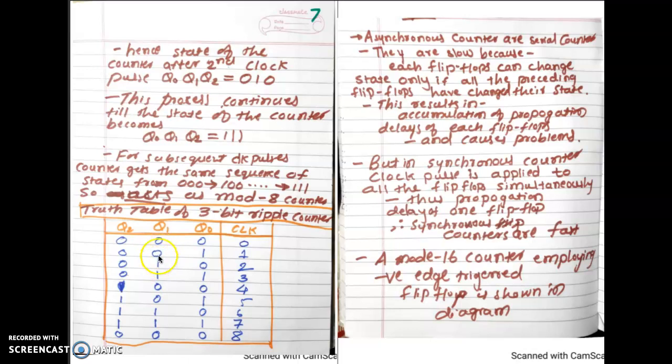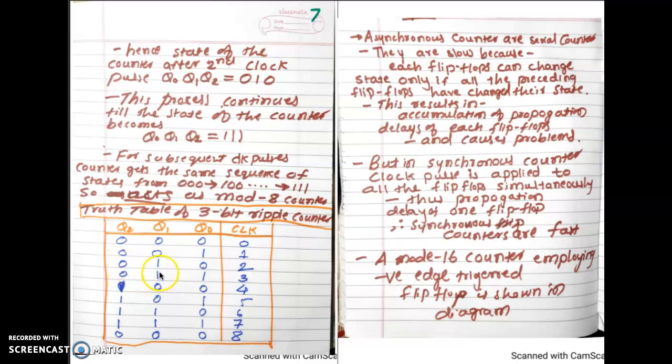Now Q0 is changing from 0 to 1. It is not a negative edge, so Q1 remains in the same state. After the third clock pulse, Q0 goes from 0 to 1. 0 to 1 is not a negative edge, so that state continues, and there is no change in the next stage either.